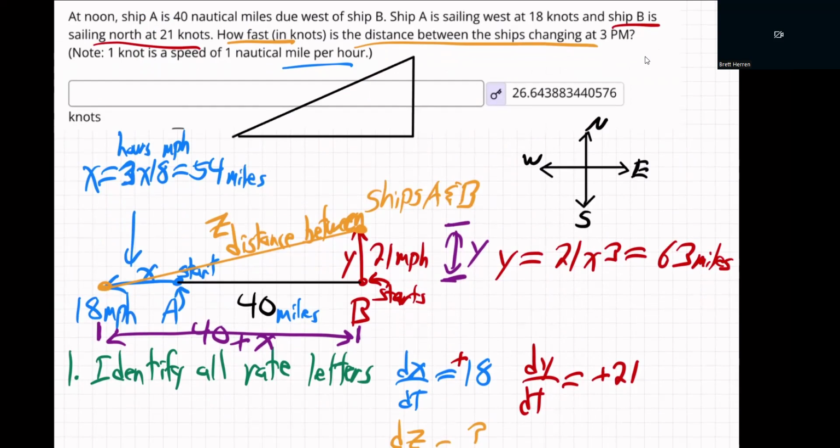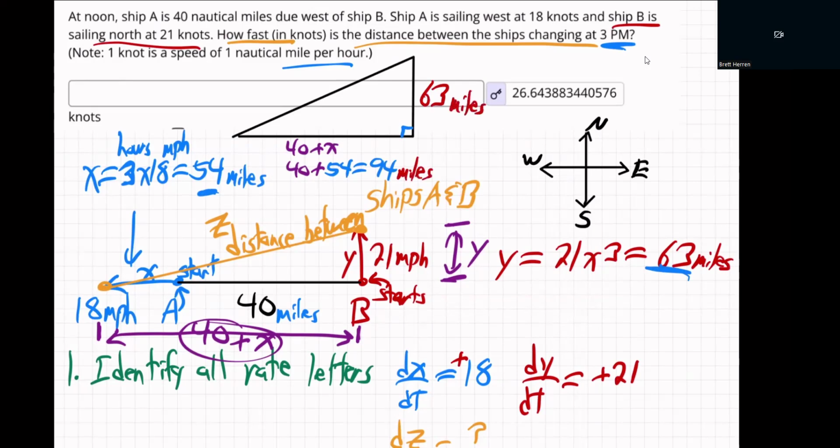Remember this bottom part is 40 plus X. And we just found out that X is 54, at least at 3 o'clock, which equals 94. Right angle here. Y right there is 63 miles. Tracking with me, and this is Z right there.